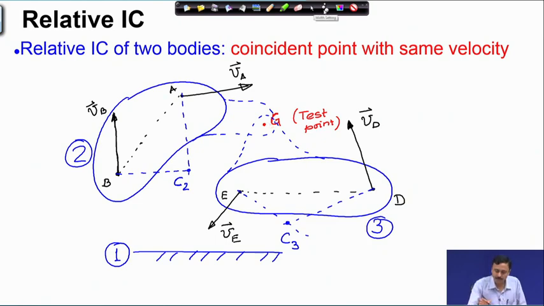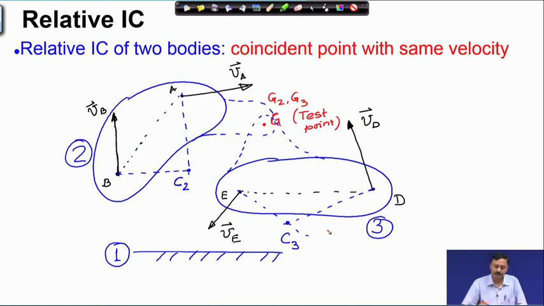So, this is a coincident point. In other words, there are 2 points G2 and G3. G is a coincident point, it can belong to body 2. When it belongs to body 2 or extension of body 2, it is G2. When it belongs to the extension of body 3, it is G3.